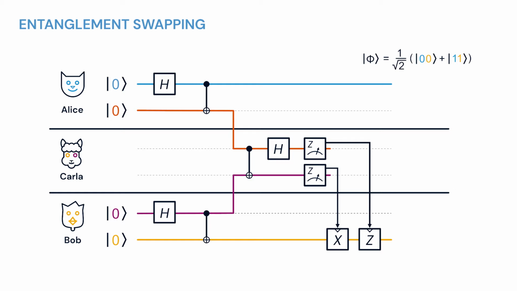In this primitive, we have two parties, blue and yellow, which would like to share a two-partite entangled state, such as a Bell state. Since blue and yellow are not directly connected, they will both prepare entangled states inside their own labs.